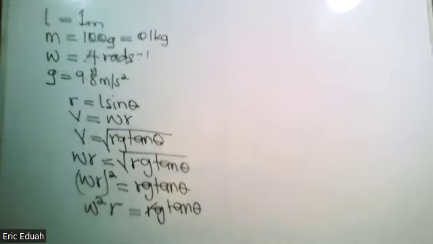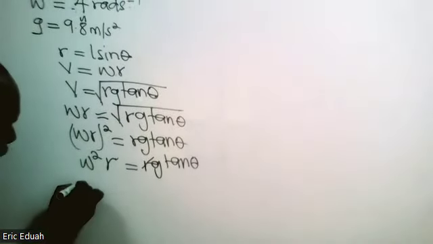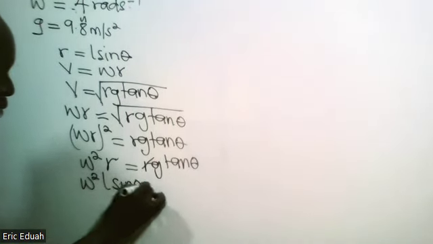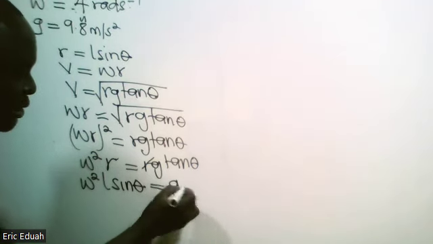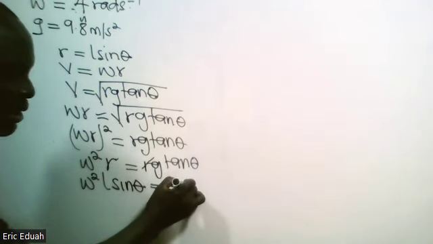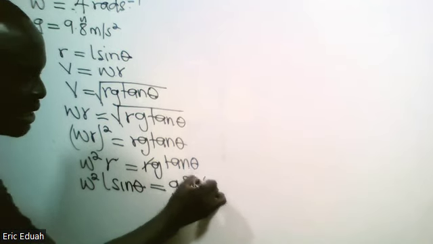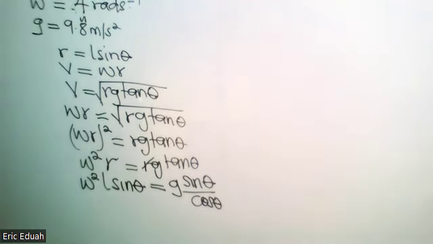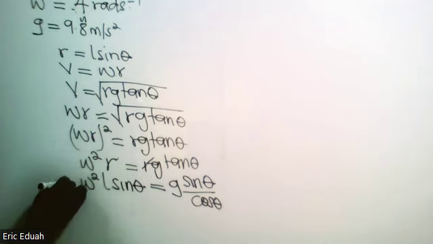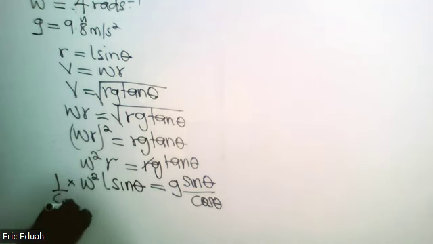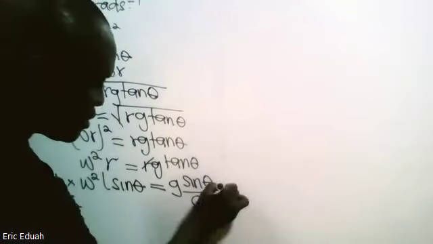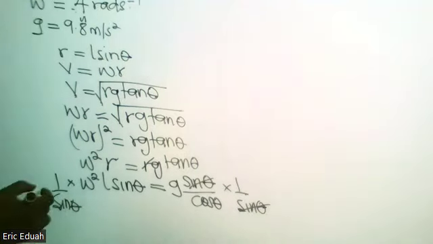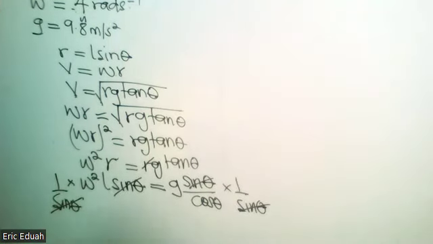So quickly, I can substitute L sine theta for R, and this is G tan theta, and tan theta is sine theta over cos theta. If I multiply through by 1 over sine theta, I can eliminate sine theta so that this and this will cancel. This and this will cancel.